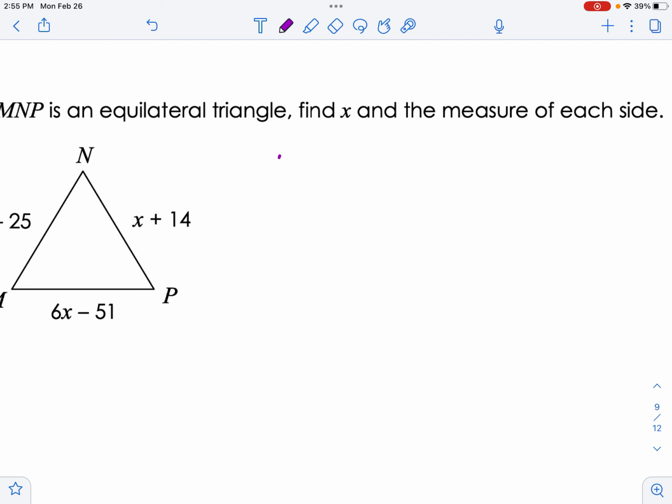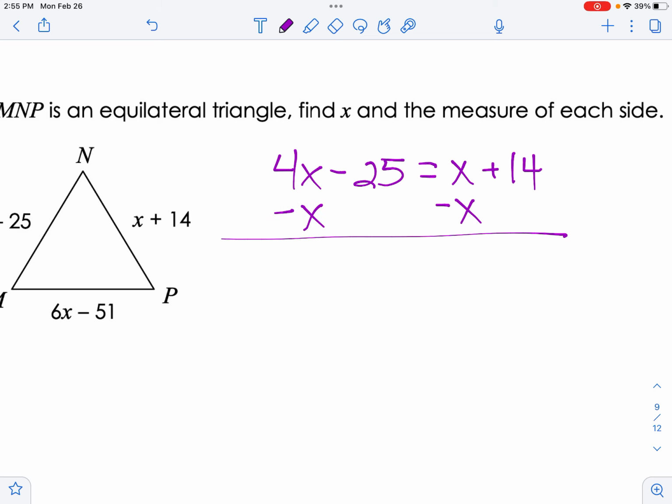You can choose any two, but I'm just going to say I know that all the sides are the same. So 4x minus 25 equals x plus 14. Remember, that's 1x plus 14, same as 1x. All right, so I want to get all my x's on one side, so I'm just going to subtract 1x from both sides.